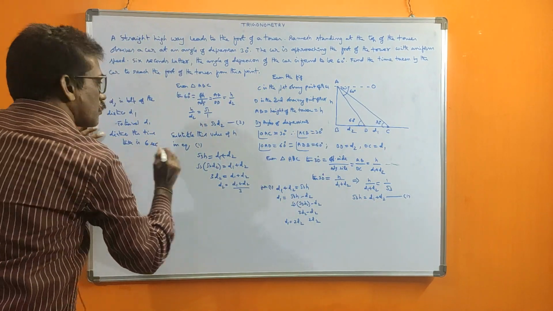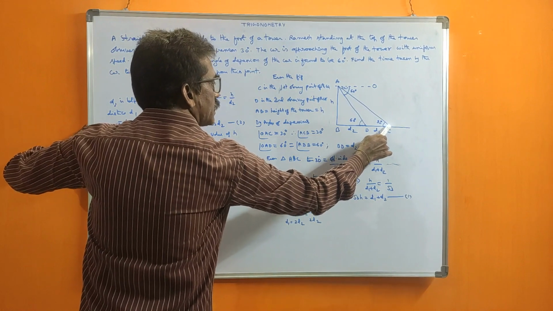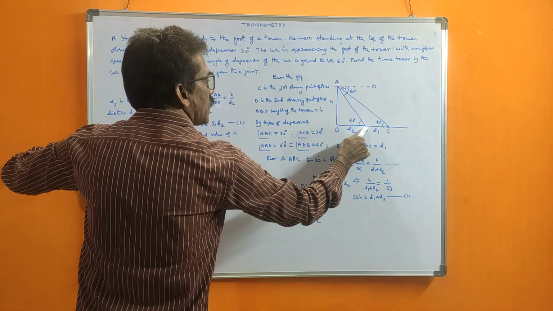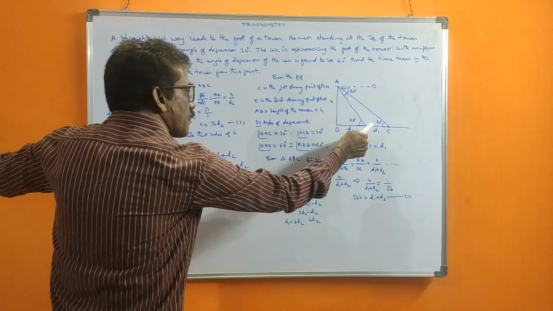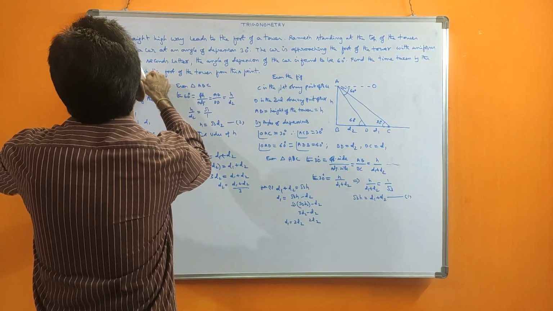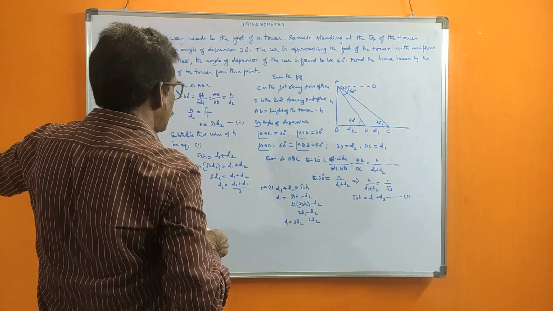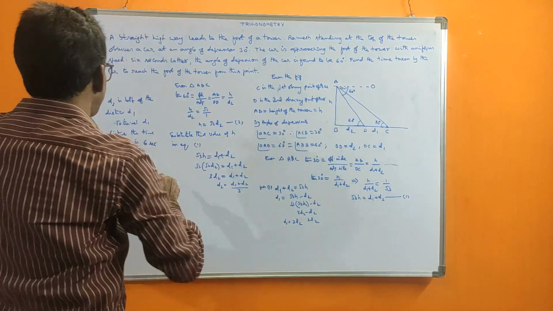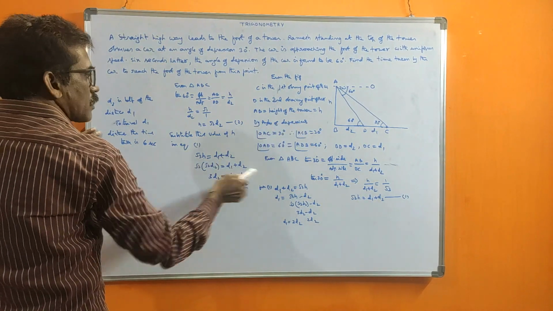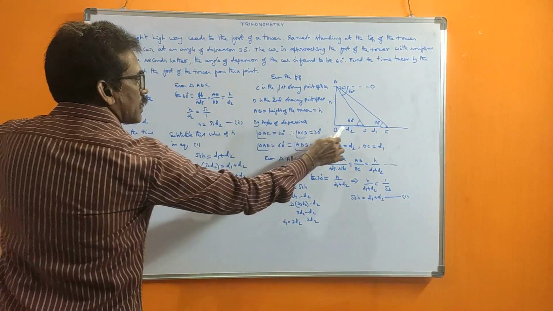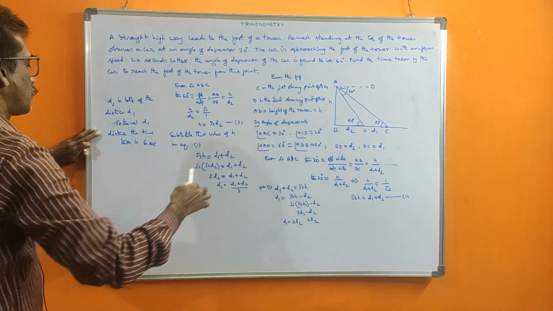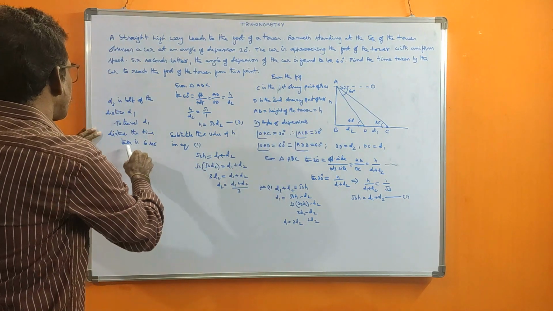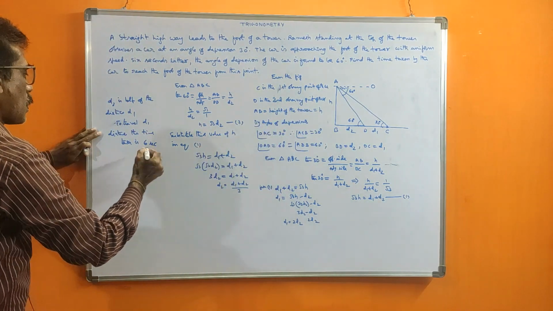The car is traveling from the second observing point, and the actual distance we don't know because no numerical value is given, but to travel that distance the car took 6 seconds. So the time taken is 6 seconds for D1.